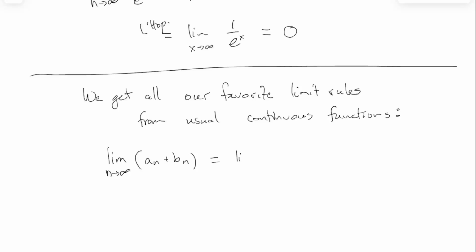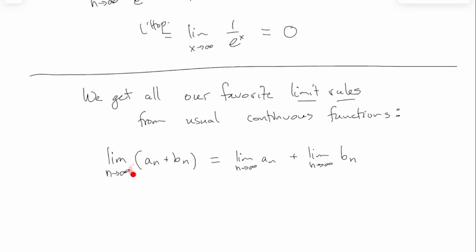So this is equal to the limit of a_n plus the limit as n goes to infinity of b_n, right? So this is what I mean by limit rules. That's the basic rule of limits. If you are adding two sequences together, the limit of the two things added together is equal to the limit of the first one plus the limit of the second one, right?